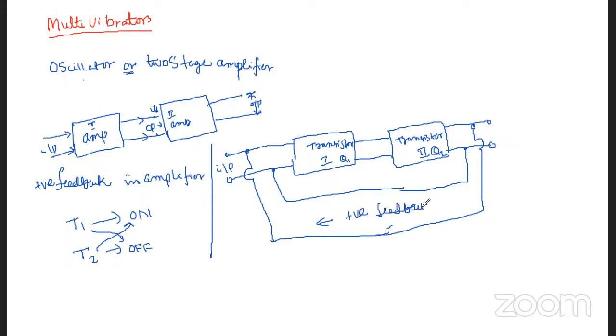So this is transistor 1 and transistor 2 we have. This is the block diagram. In this block diagram, we use two transistors, transistor 1 and transistor 2.